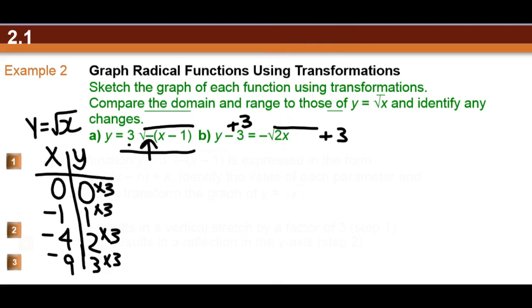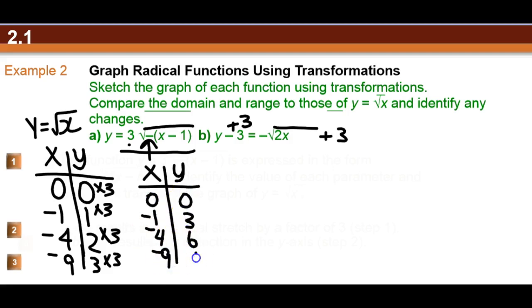Okay, so now my points. Remember, because we're always doing reflections and stretches first. So now I have 0, negative 1, negative 4, negative 9, and I have 0, 3, 6, and 9. Okay, and what's the last thing that I have to do here? Right, I'm adding 1 to my x's.